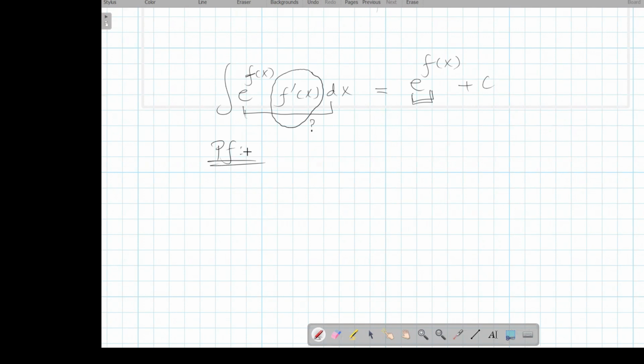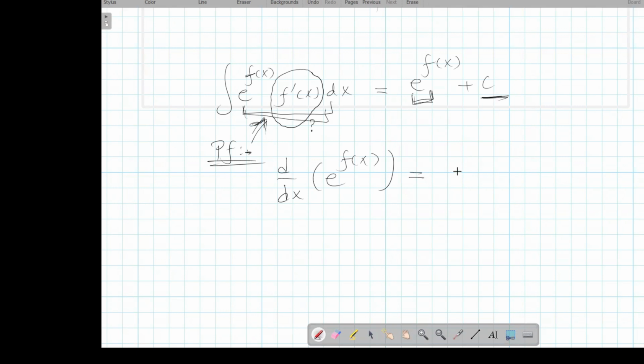How can we prove this? We will simply differentiate the right hand side. If it comes out to be the integrand of the left hand side, then it is done. So just take the derivative of e power f of x. No need to take the derivative of c because the derivative of c is 0. How do you differentiate e power f of x?